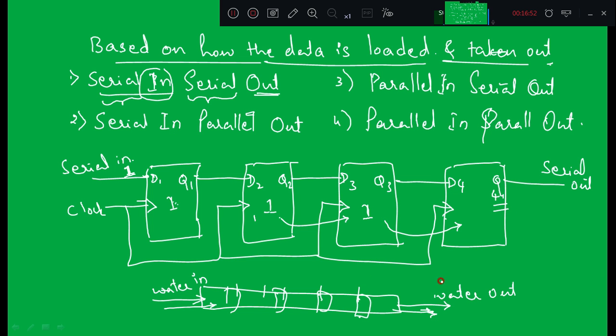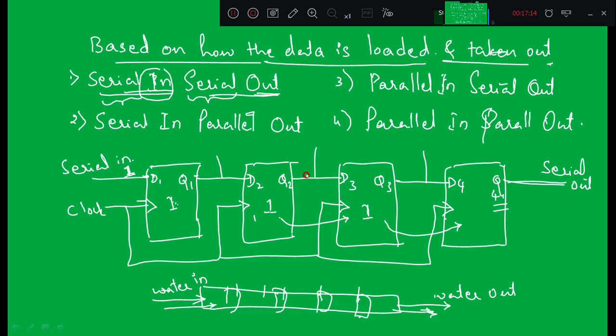So this operation we call serial in, serial out. That means serially we are inputting the data and serially we are taking out the data, right? Not at a time, right? So I cannot take it because I don't have any outlets at these points. If I had outlets at these points, that would become a parallel out, right?